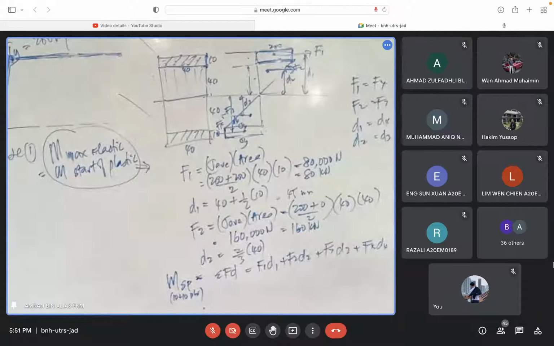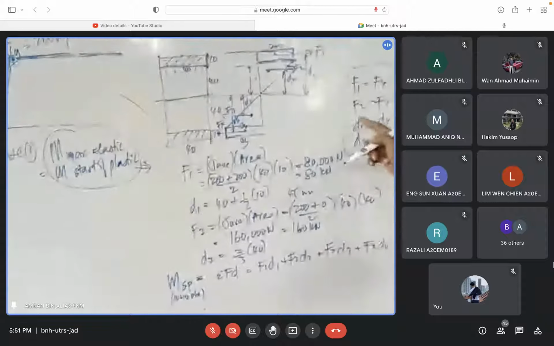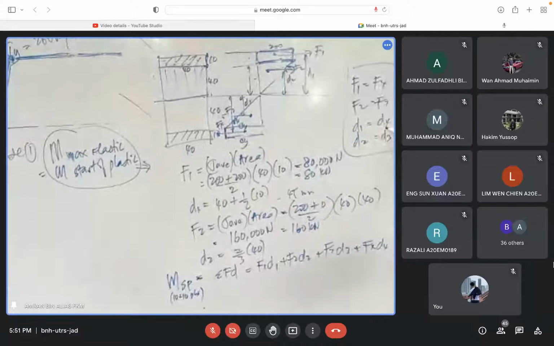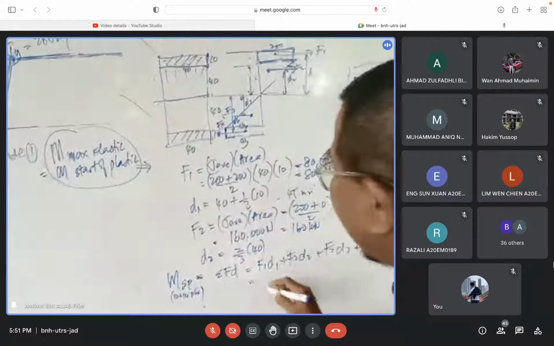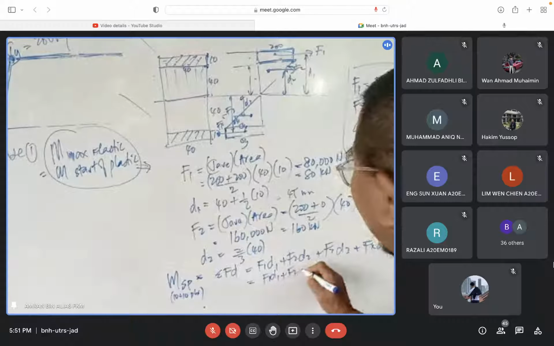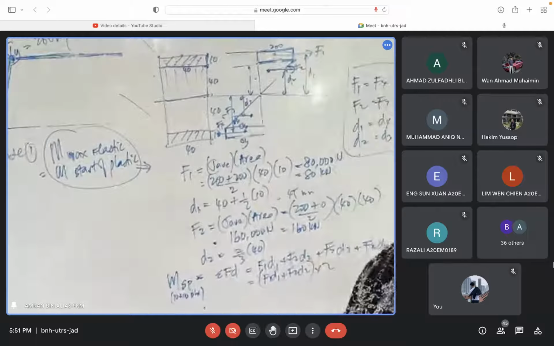Are you with me? Yes. Show that because you have calculated D1 but haven't calculated D4. Only then you can write F1 times D1 plus F2 times D2, and then times 2 because of symmetry.